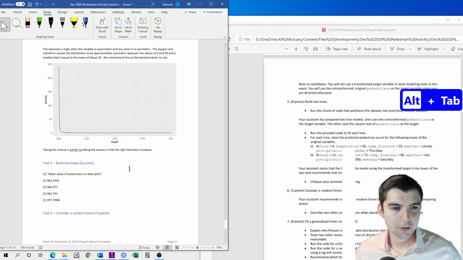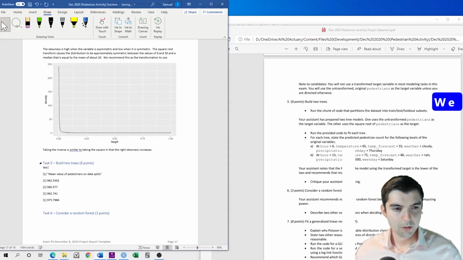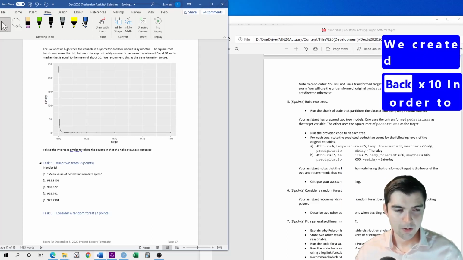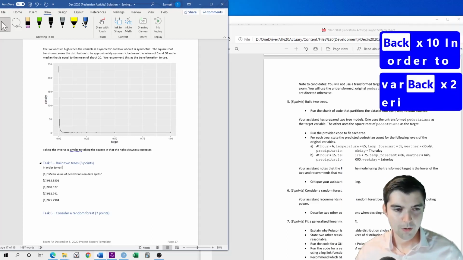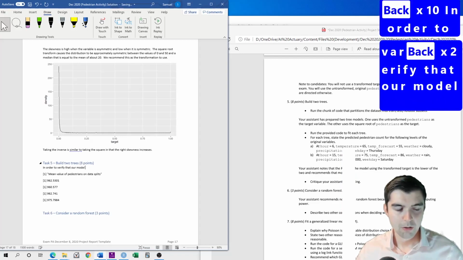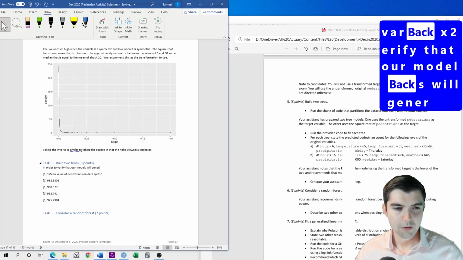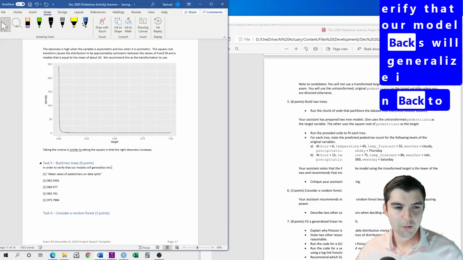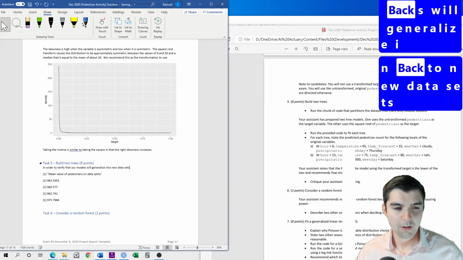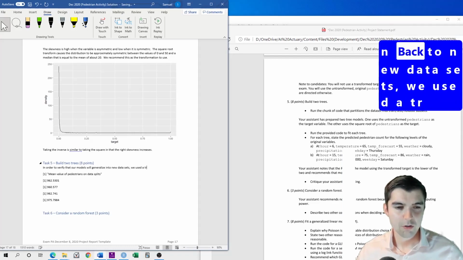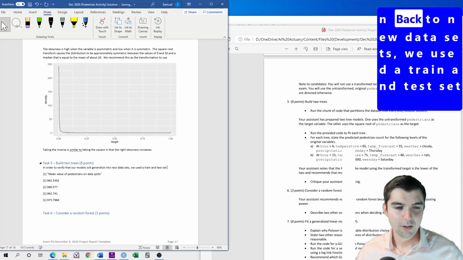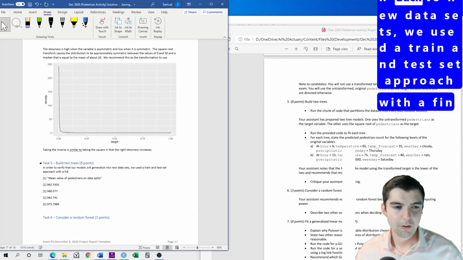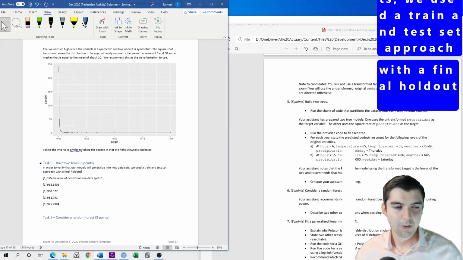So in order to verify that our models will generalize to new data sets, we used a train test set approach with a final holdout set.